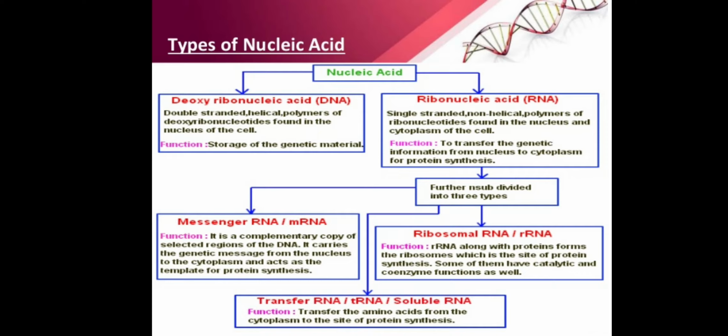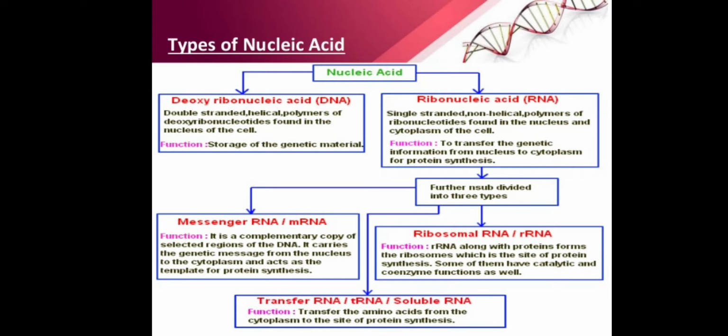RNA is a single-stranded non-helical polymer of ribonucleotides found in the nucleus and cytoplasm of the cell. Its function is to transfer genetic information from the nucleus to the cytoplasm for protein synthesis. Later, we will also dig deeper into ribonucleic acid.